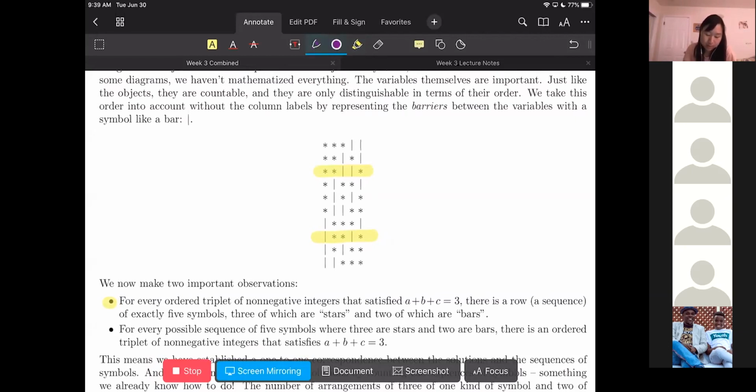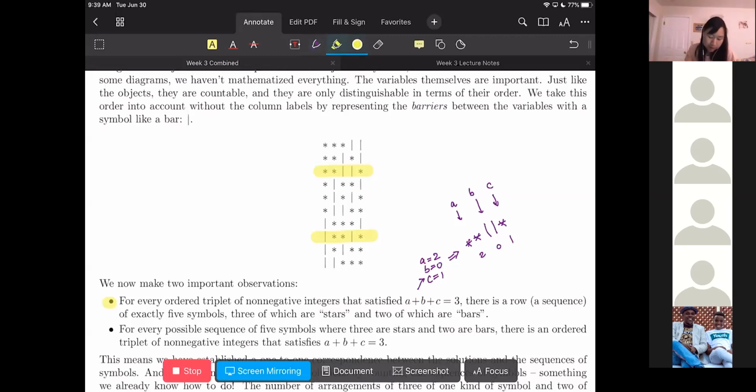So for example, if A equals 2, B equals 0, C equals 1, then that maps directly to star, star, bar, bar, star. Because you could think of this as the A column, this is the B column, this is the C column. And so this gives us 2, 0, 1.